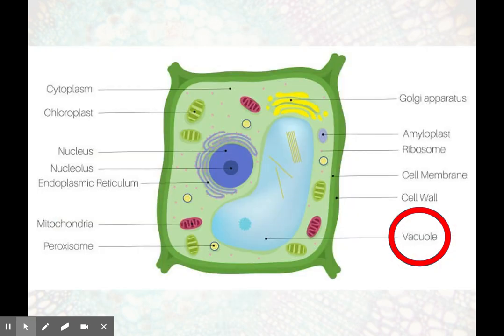And here we have a plant cell. As you can see, here's the nucleus and the endoplasmic reticulum that's kind of wrapped around it. And this is how big the vacuole can be. In a plant cell, it's often called the large central vacuole because it's very, very large. It's bigger than the nucleus.